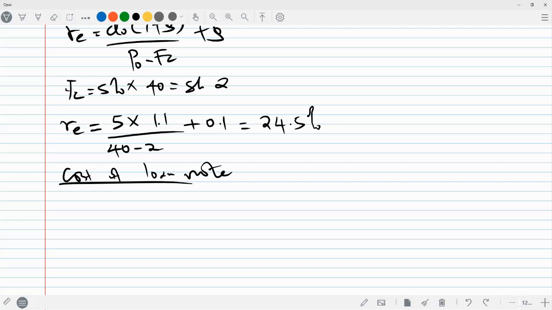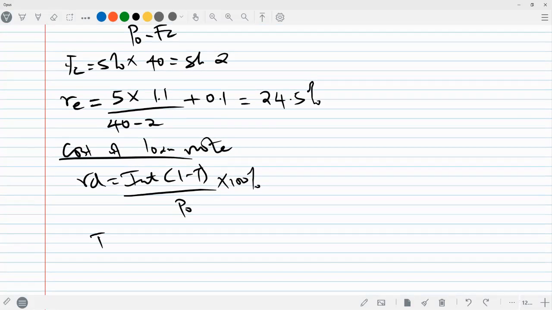Therefore, since it is being issued at par value, the cost of this will be equal to the interest after tax divided by P naught, expressed as a percent. The interest we receive after tax is paid at 10% of the par value. There's no mention of the par value, so we assume it's 100.